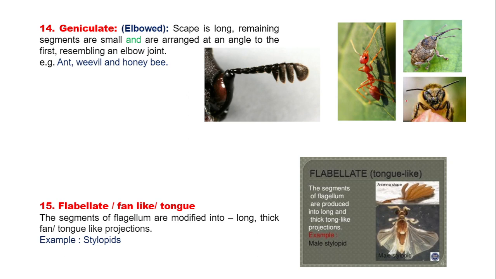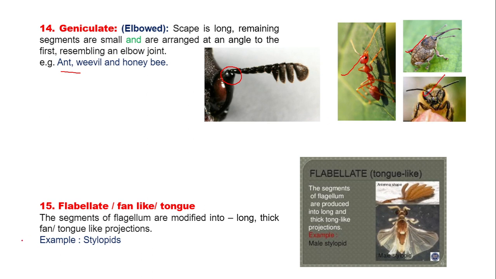In this type of antenna, the scape is long and all the remaining segments are small and arranged at an angle to the first segment, that is scape, and give the appearance of an elbow joint. Geniculate antenna is found in ants, weevils, and honeybees.